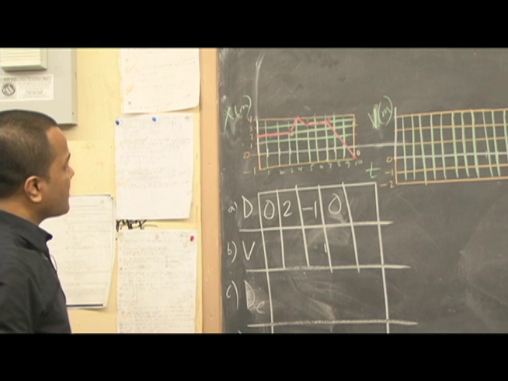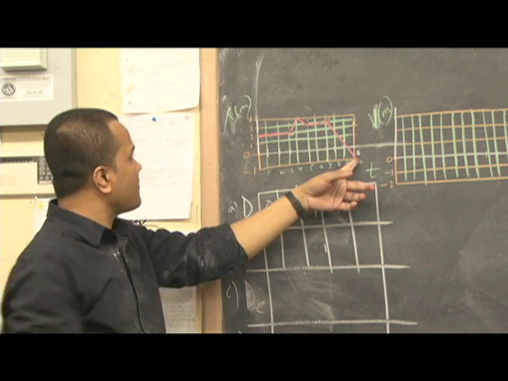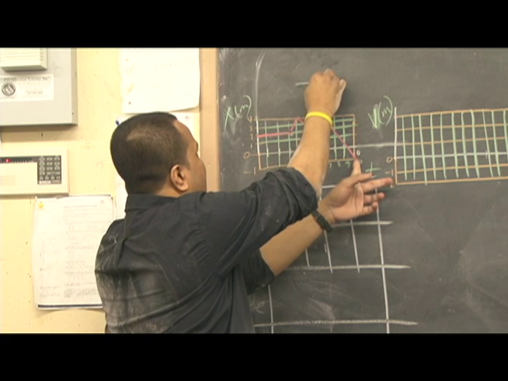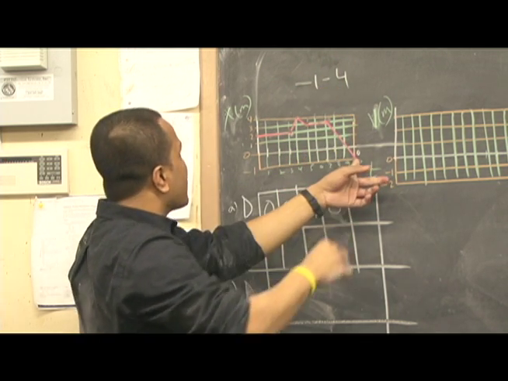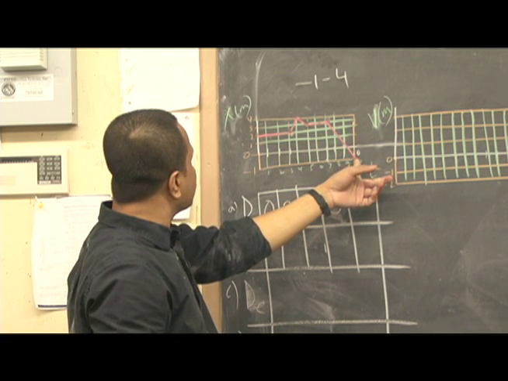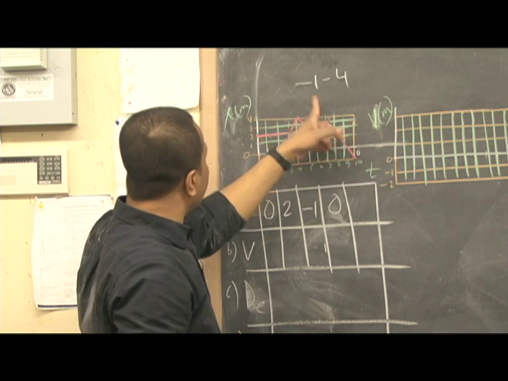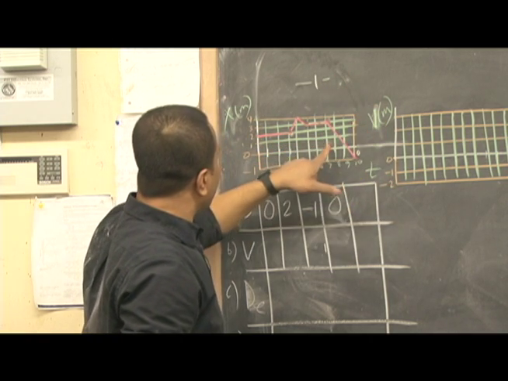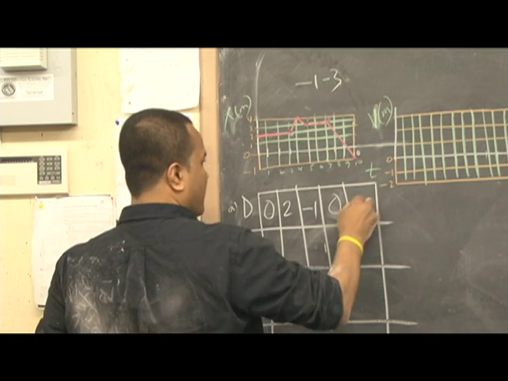Negative 1, x2 is negative 1, negative 4. So it's negative 1, negative 3. So it's negative 4.